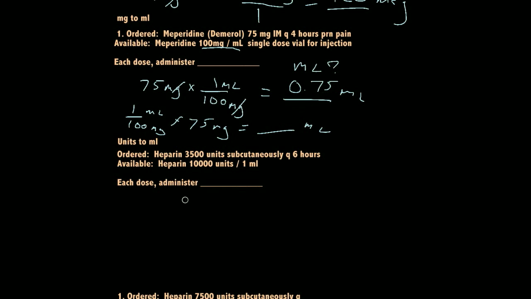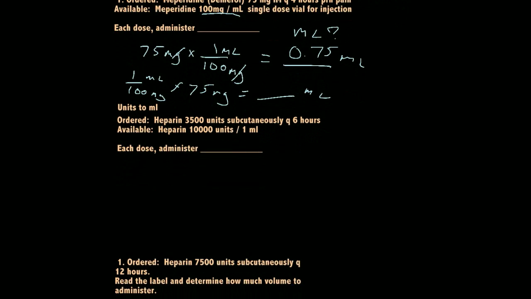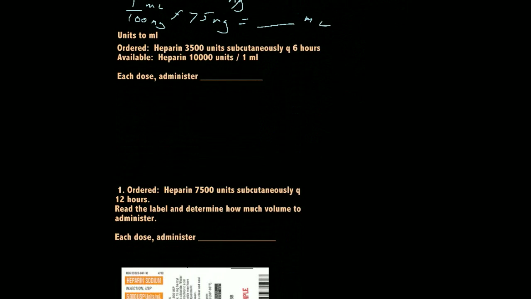A lot of people really seem to struggle with this because units is kind of a foreign term, especially if you've got to look at it on the actual label itself and read it. A lot of people make some mistakes with that, and I'll talk about those here in a minute. But basically, with units to milliliters, you set it up the exact same way as you would milligrams to milliliters.